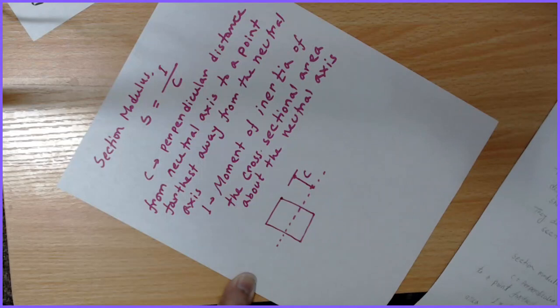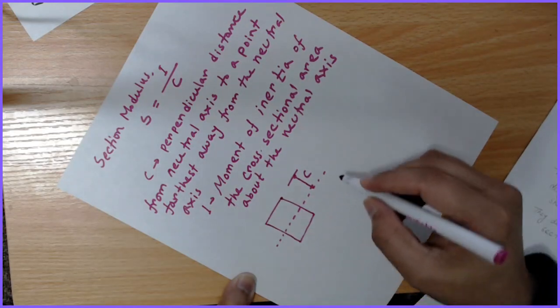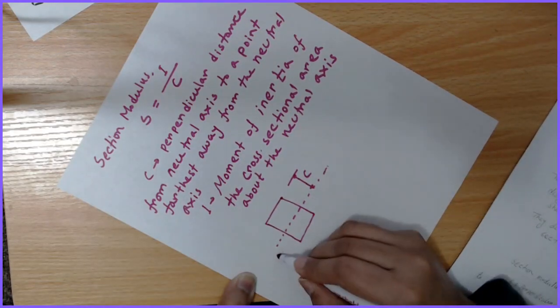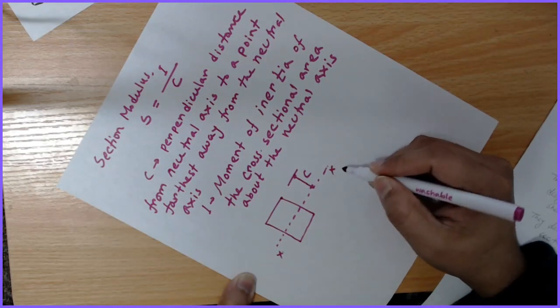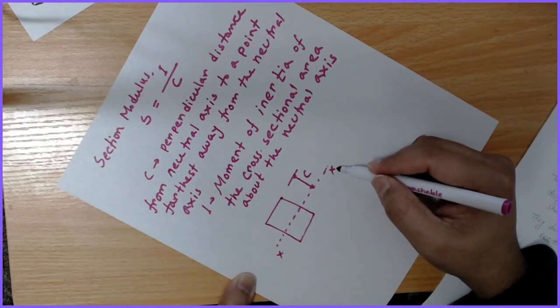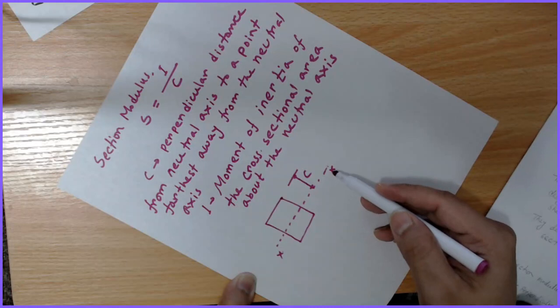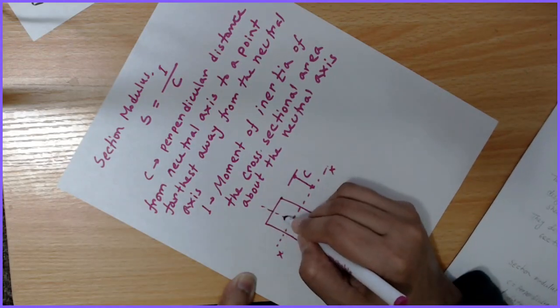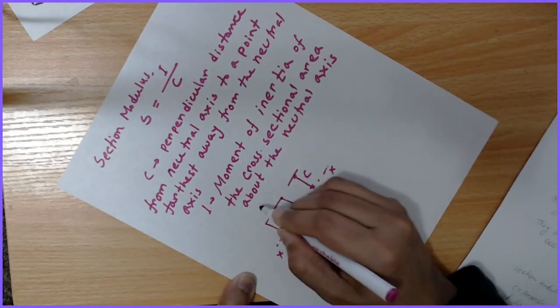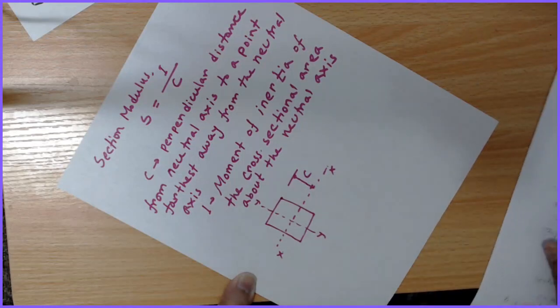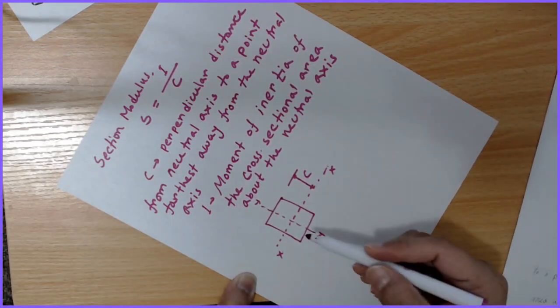This is C, and this is a neutral axis x, and this is y, another neutral axis. I will discuss that later.